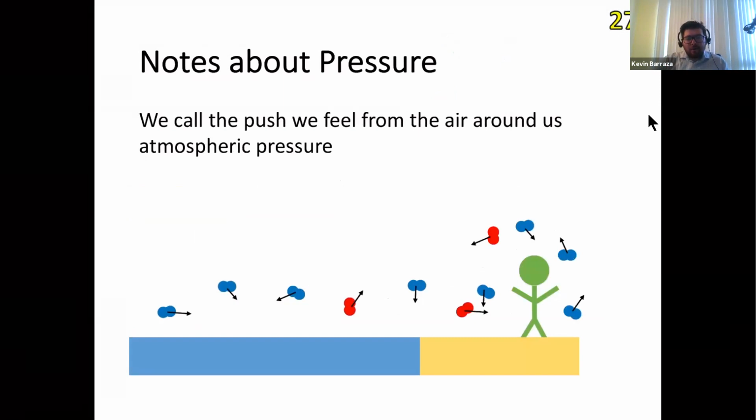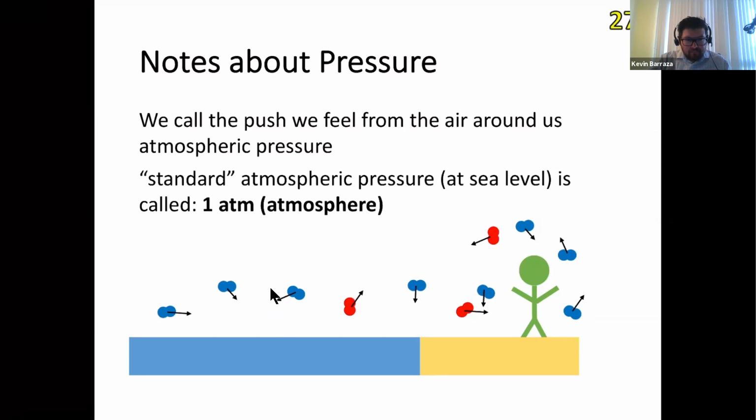So pressure is something that we're going to talk about in great detail at the end of the week, but a few notes on it. What we call pressure is the push that we feel of the air around us. There are air molecules everywhere, and they're constantly hitting into us. And that push is what we feel on our bodies, or sometimes we don't even notice it. We call this atmospheric pressure.